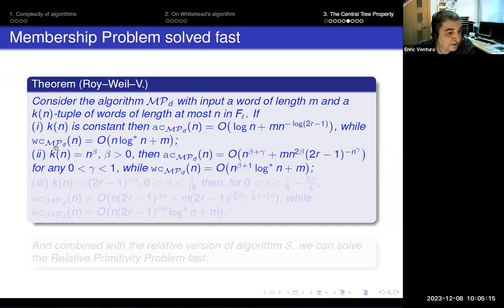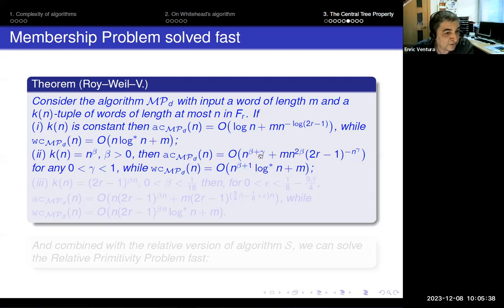When you allow the length of the tuple to increase polynomially with degree beta, then the average case complexity is beta plus a little bit more, gamma being any number bigger than 0, while the worst case complexity is beta plus 1 times log star n.